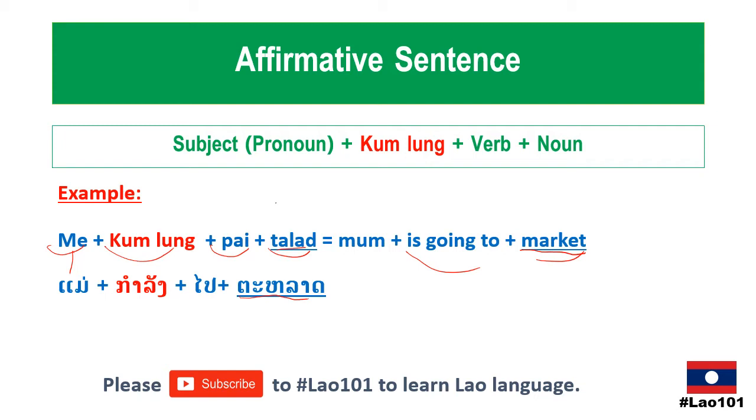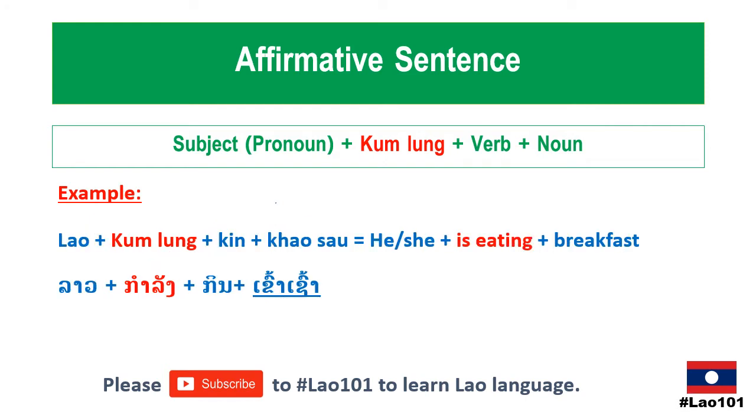So you can change the pronoun here, changing the verb here, or changing the noun here for the place. Lao, he or she กำลังกินข้าวเช้า, กิน eating, ข้าวเช้า breakfast.